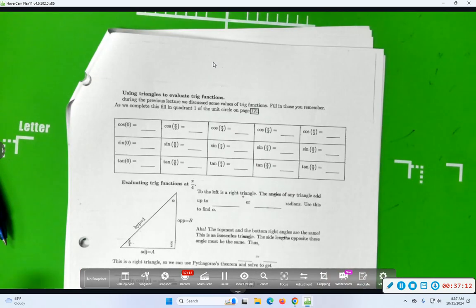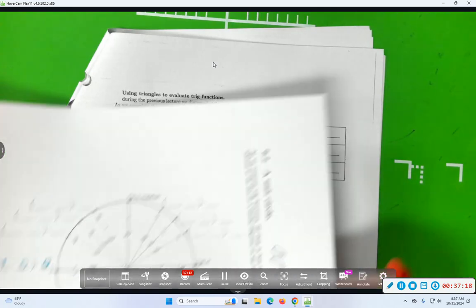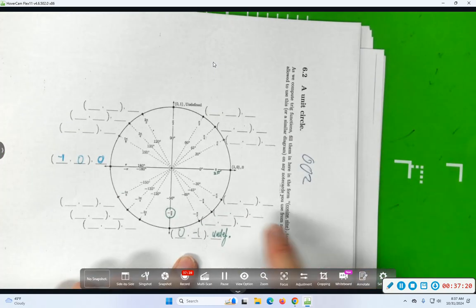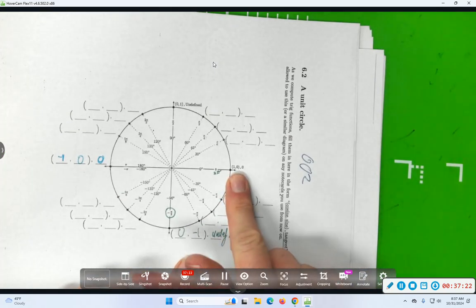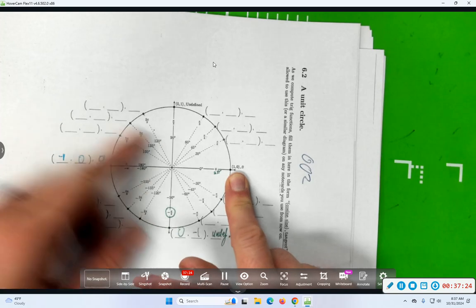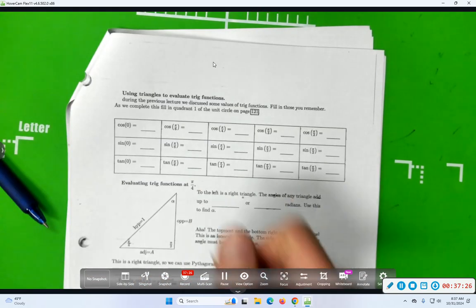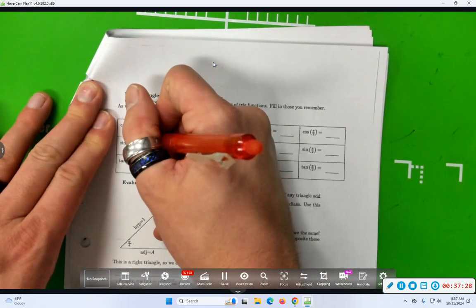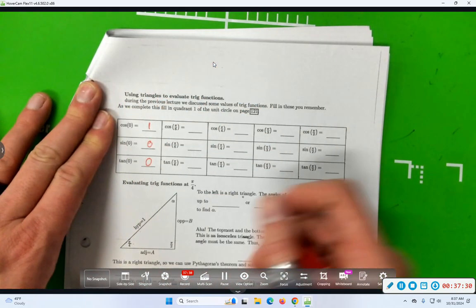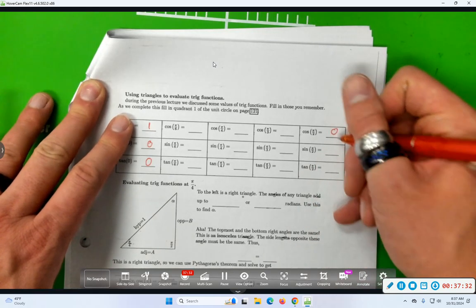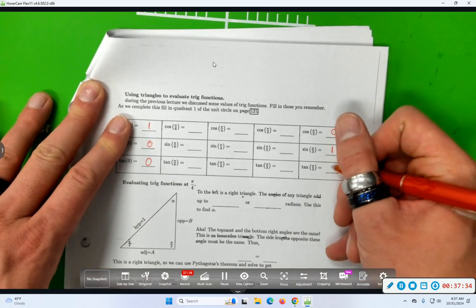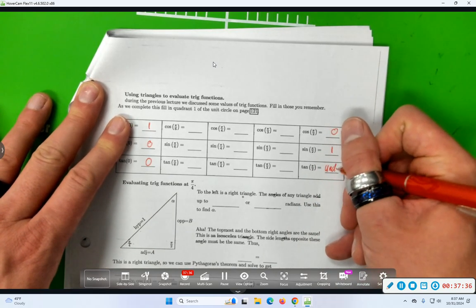So let's do that. Of all of the entries in quadrant 1 on this unit circle, we computed trig functions at 0 degrees and at 90 degrees. In doing those, we got cosine of 0 is 1, sine of 0 is 0, tangent of 0 is 0, cosine pi over 2 is 0, sine pi over 2 is 1, tangent pi over 2 is undefined.